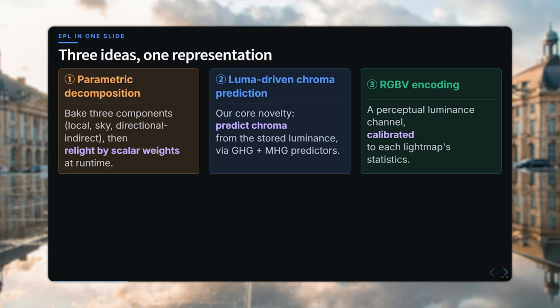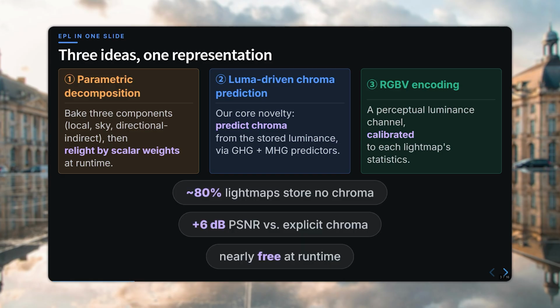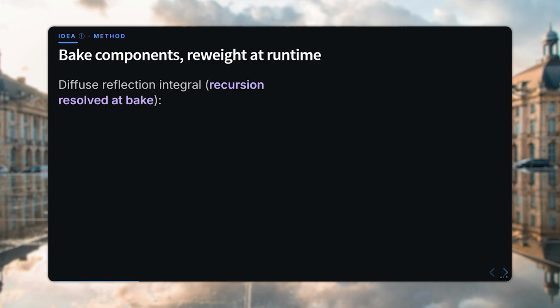That's a perceptual luminance channel, and we calibrate it to each light map's own statistics. So here's the payoff. Around 80% of light maps end up storing no chroma at all. We get about 6 dB higher PSNR than storing chroma explicitly, and the runtime cost is basically free.